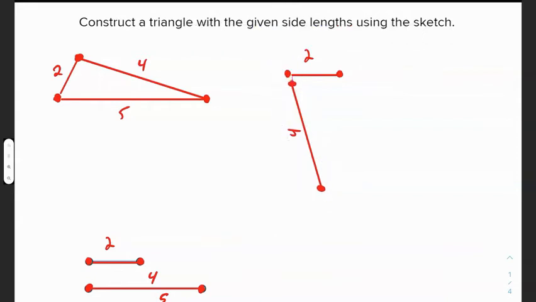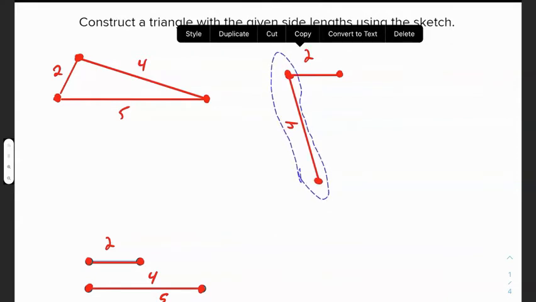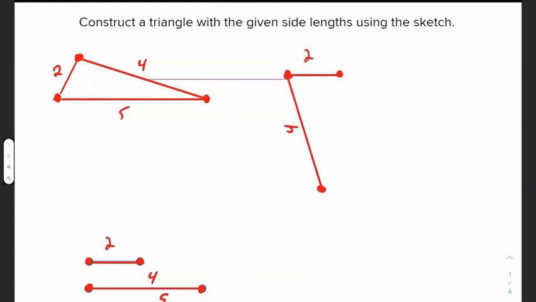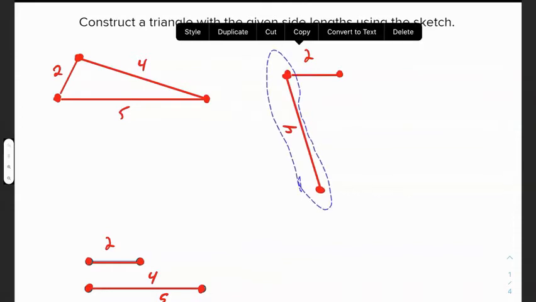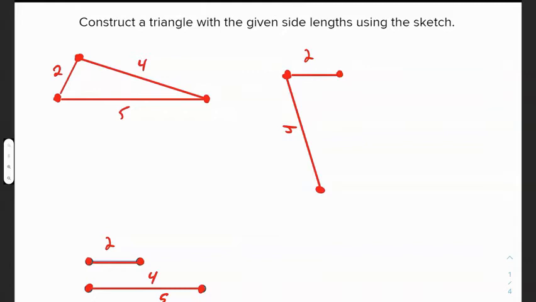Let me see, I'm gonna guesstimate. There we go. Actually, is there a way I can, no, I have to use 2 fingers to rotate. That's sad. Okay, so I think I got it somewhere like that.